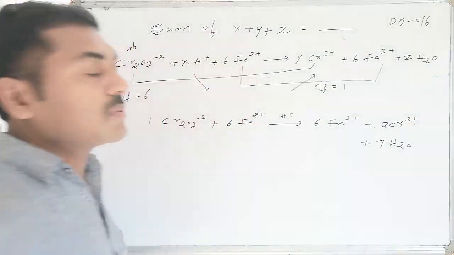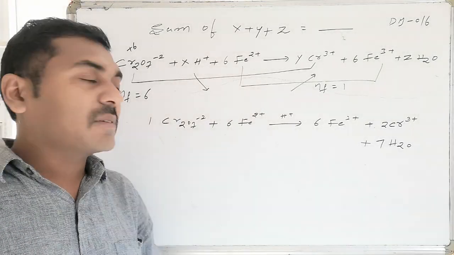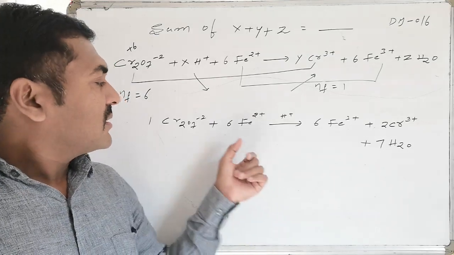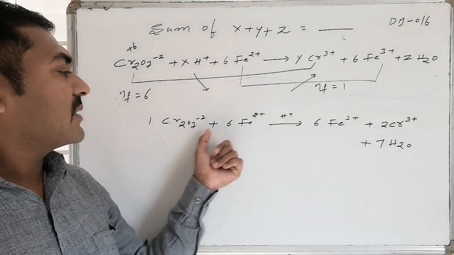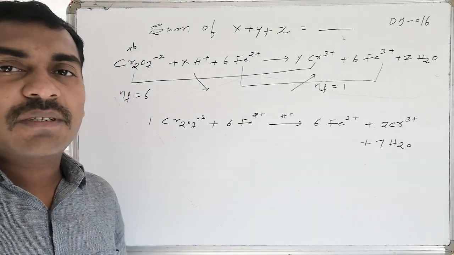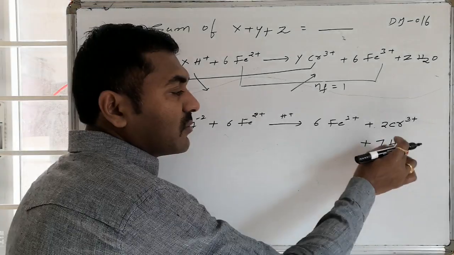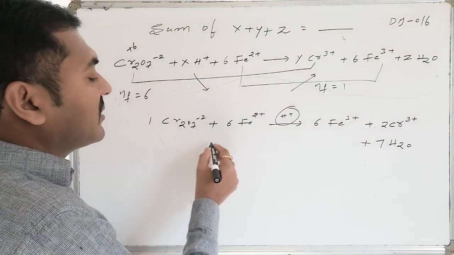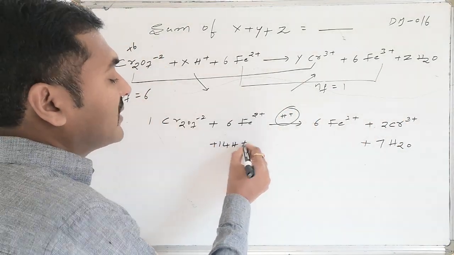If I write 7H2O, the next term we take into consideration for balancing is hydrogen. On the left side we don't have any hydrogen-related species, whereas on the right side we have 14 hydrogens from the 7 waters. As it is acidic medium, we have to write 14H+.